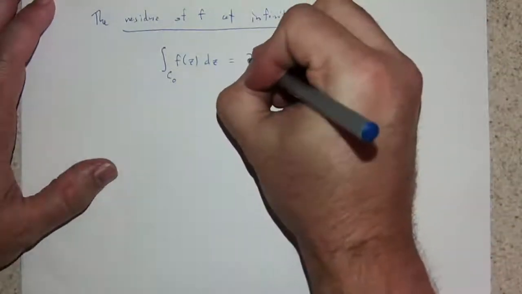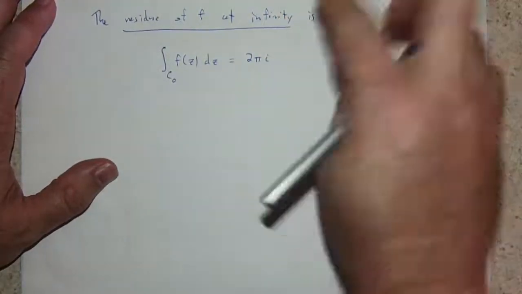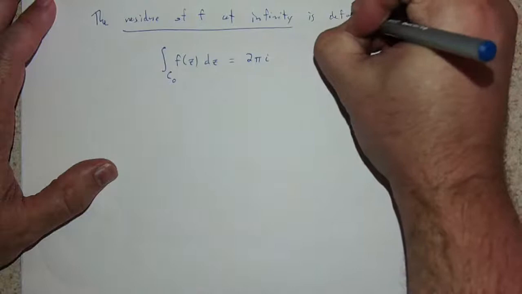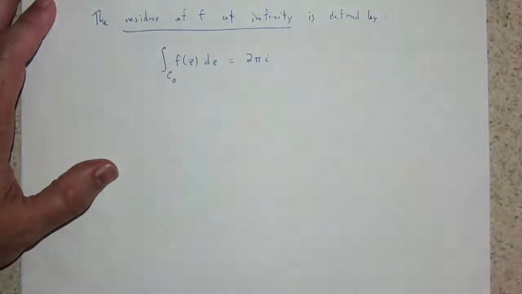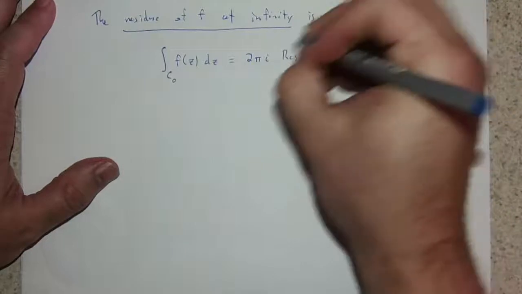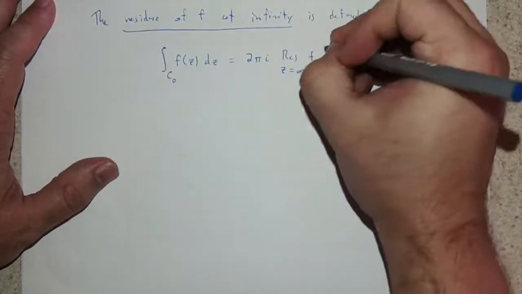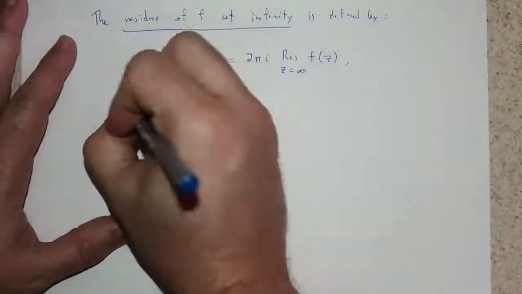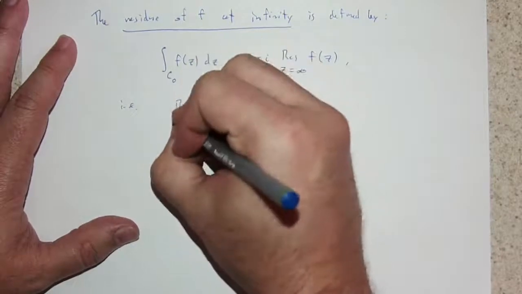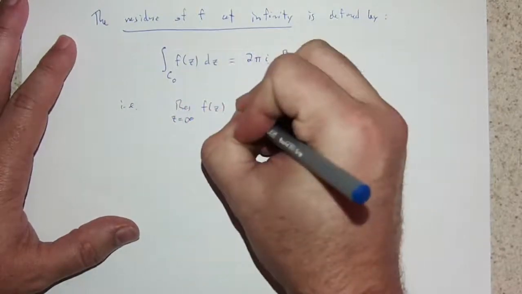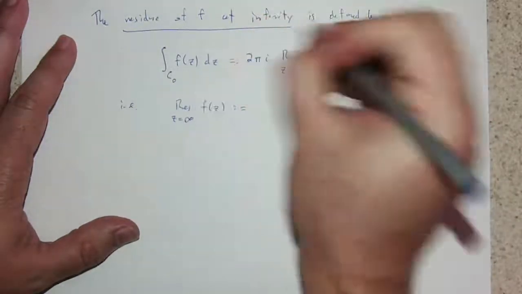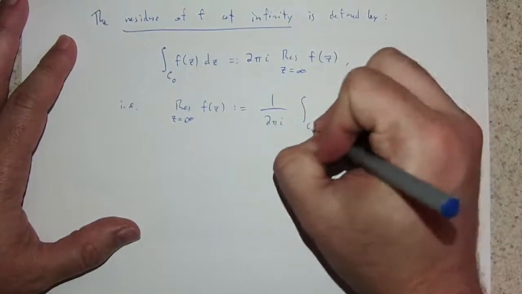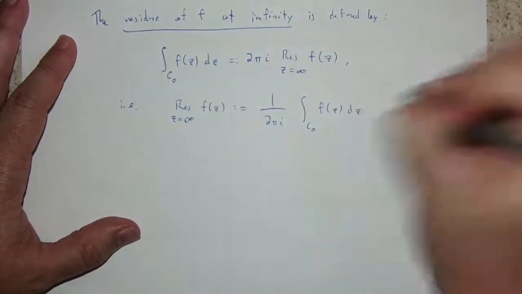So the residue of f at infinity is defined by the following: the contour integral is 2 pi i times the residue at infinity of f. So the way that we could write this, the residue at infinity of f, you could think of as being defined by 1 over 2 pi i times that contour integral.